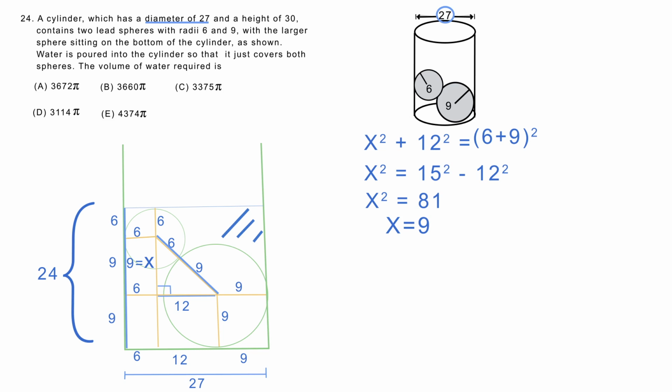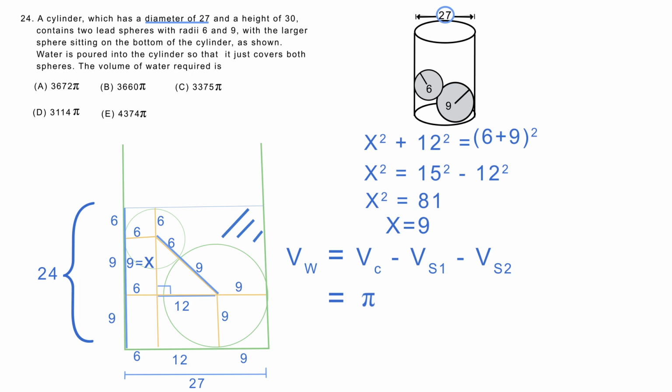So to calculate the volume of water, we would have to first calculate the volume of the cylinder and then subtract from it the volume of the two spheres. So we'll do that here. Volume of water, VW, is equal to the volume of the cylinder minus the volume of sphere 1 minus volume of sphere 2. And that should do it.